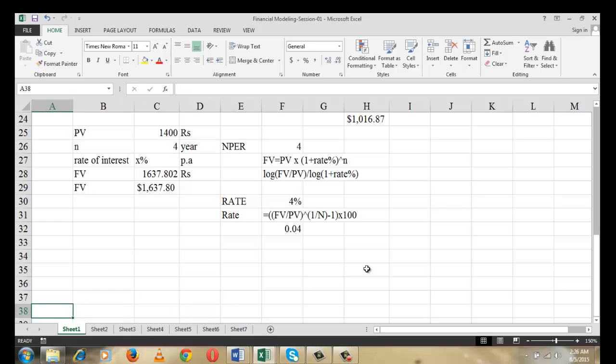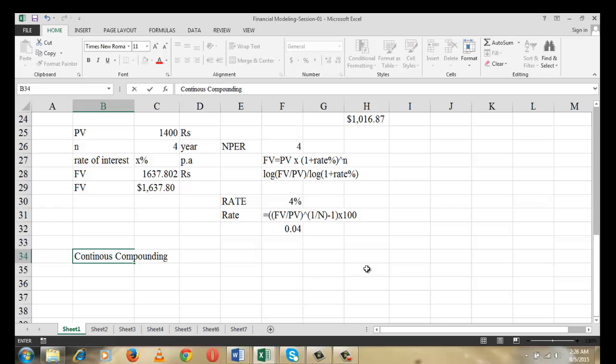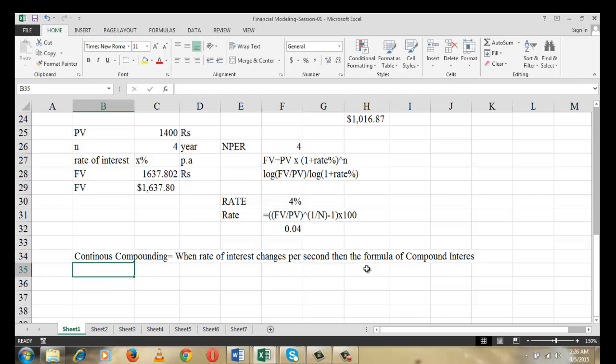Continuous compounding is a special case of compound interest which we use in the derivative market, where the rate of interest changes every second.